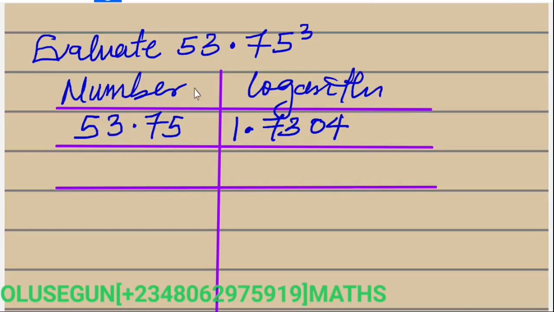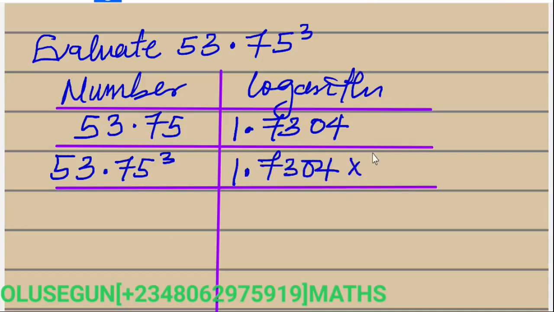Now we are to find 53.75 all raised to power 3. You rewrite it as 53.75 raised to power 3. The meaning is that you will now multiply this 3 with the logarithm, so you have 1.7304 times 3.